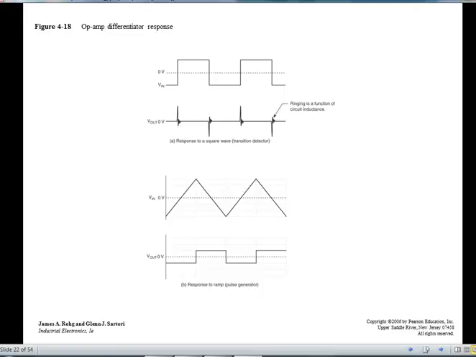Because it's an inverting amplifier. Right, exactly. Steve got it already. All right. But that's what I'm going to do. So if I send a triangular wave into a differentiator, I get a square wave out. If I send a square wave into a differentiator, I get peaks out.